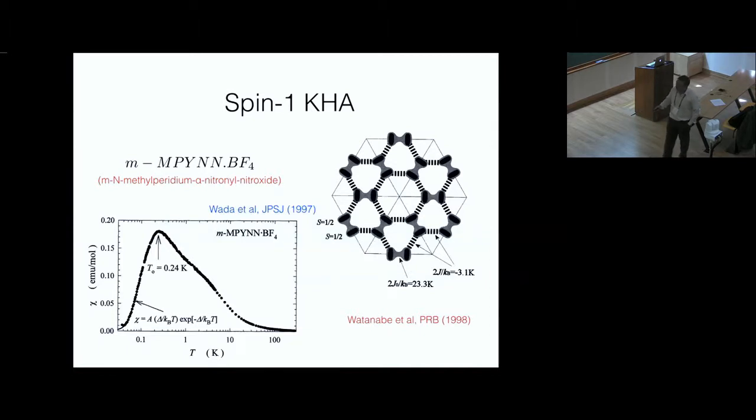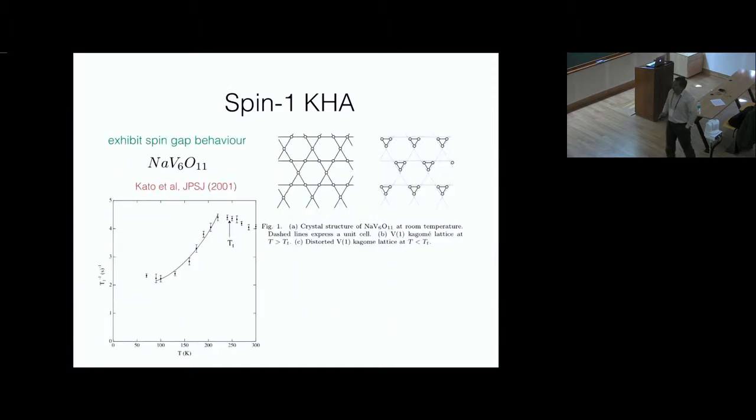And the susceptibility is basically typical of a spin-gapped system with activated behavior at low temperatures and going to zero, basically. This is one of the earliest, in fact, motivation for studying spin-1 Kagome systems, but there are others more recently.